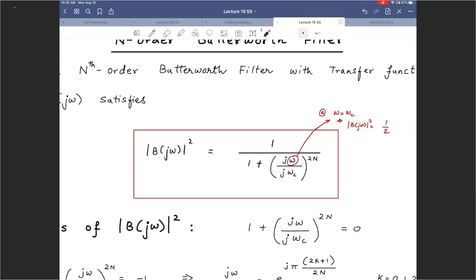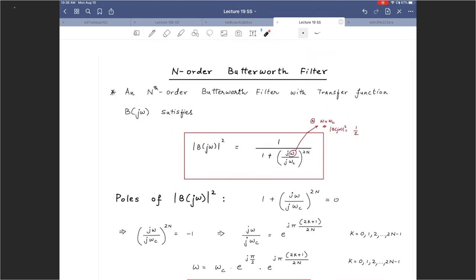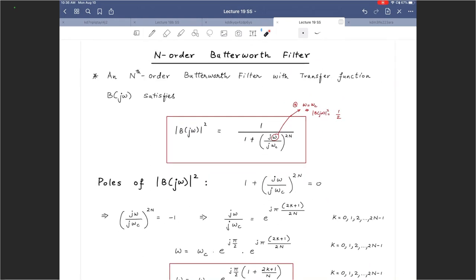You can see that omega c is called the cutoff frequency because if you substitute omega equals omega c, your magnitude squared of B of j omega becomes 1 over 2, which means that's the half power frequency. That's when half the power gets through the low pass filter. That's how we define cutoff frequency. It is the frequency at which half the power gets through and half the power does not get through the filter.